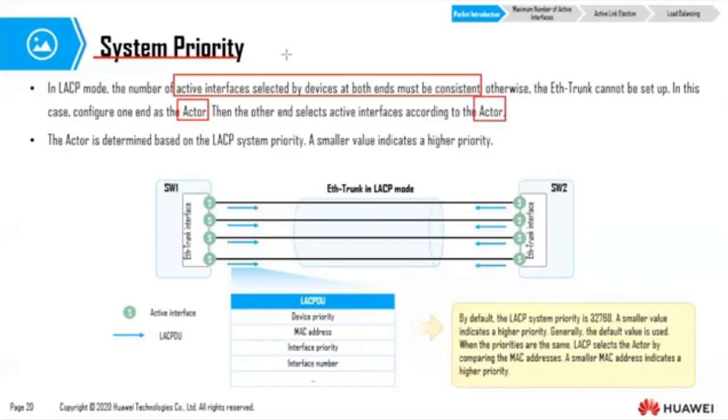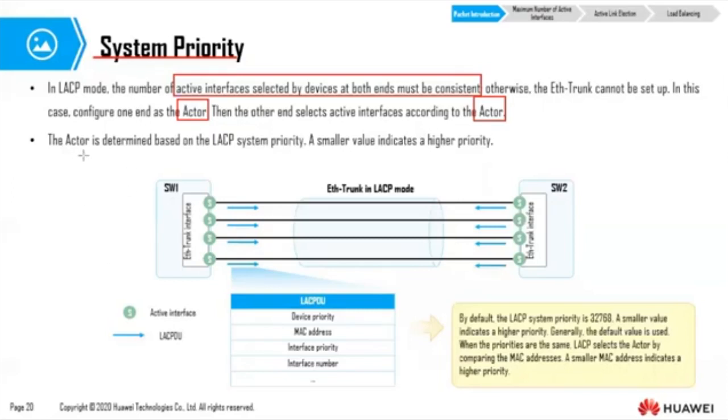Now, in LSCP mode, some interfaces can be in active mode while others are in inactive mode. But who makes the choice of which interfaces are going to be active? The actor. Are we together? The actor tells the other, hey, these are the active ones, and therefore you are going to use those ones.